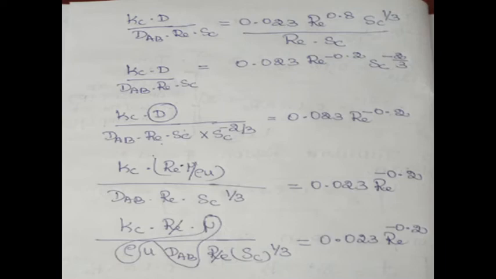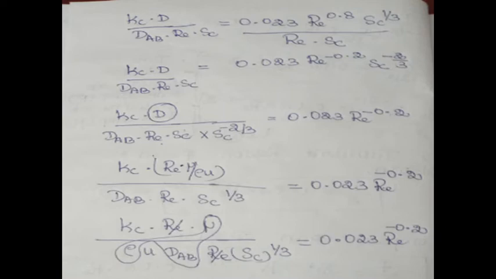So in the LHS, Kc into d by dAb into Re into Schmidt number is equal to 0.023. Numerator Reynolds power 0.8, denominator Reynolds power 1, finally Reynolds number power minus 0.2. Whereas for Schmidt number, numerator Schmidt number power 1/3, denominator Schmidt number power 1, 1/3 minus 1 is minus 2/3.